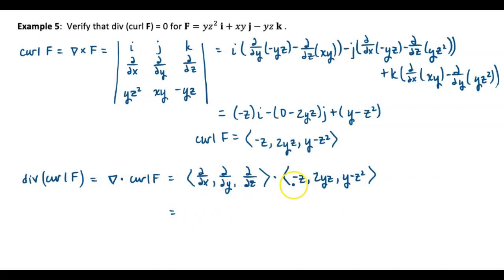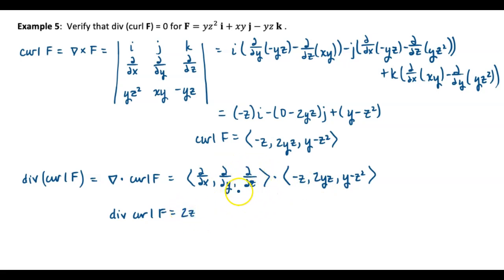And so this is going to be equal to, so the divergence of the curl of f. Sometimes you'll see these parentheses, sometimes you won't. It does not matter. And this is just going to be a scalar because when we take the dot product, we know we're ending up with a scalar. Partial with respect to x of negative z is 0. Partial with respect to y of 2yz is just 2z.